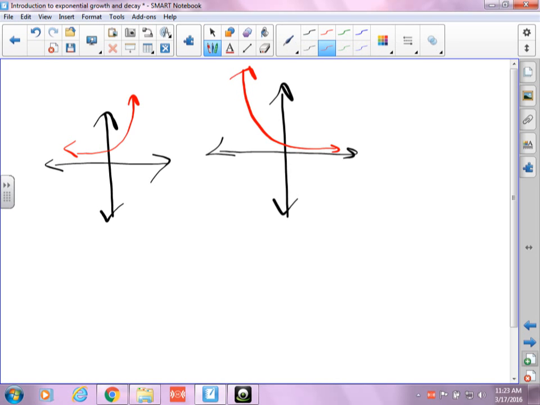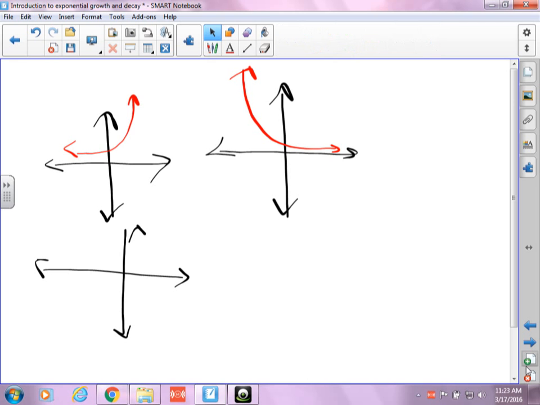Again, does not cross the x-axis. You're going to see a graph, and this freaks kids out. And you're going to go, well, you said it never crossed the x-axis. Like, what's going on? What's going on is this.